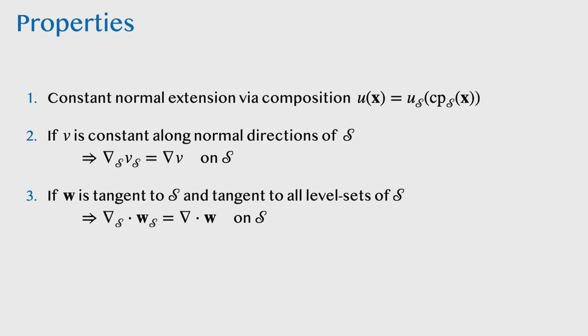And you can combine these properties to rewrite higher order manifold differential operators with Cartesian differential operators. Now these properties only hold when you have a unique closest point function.